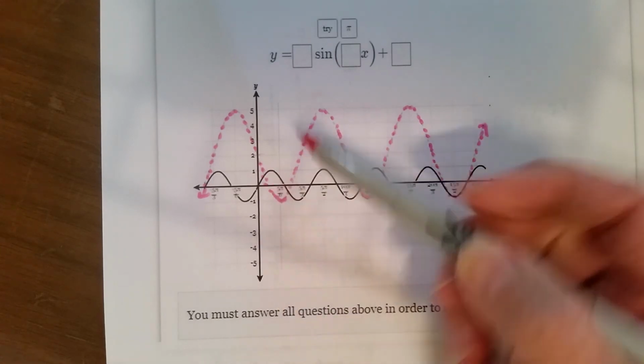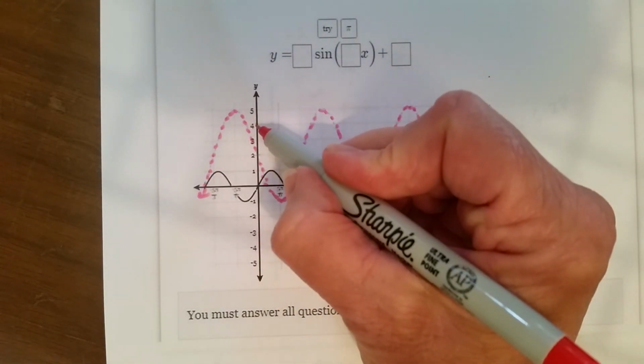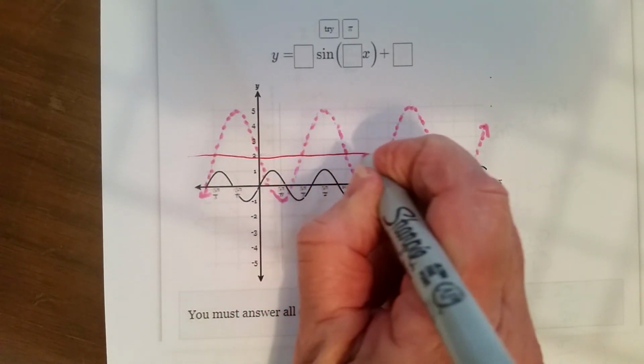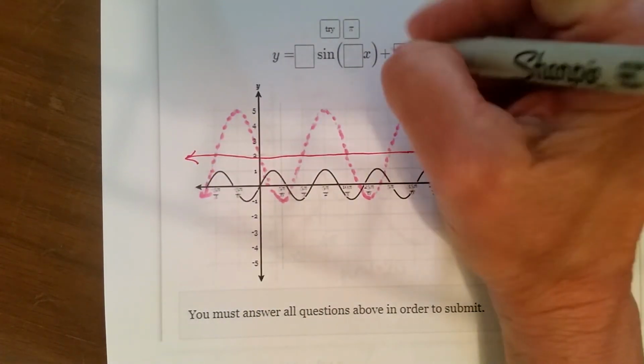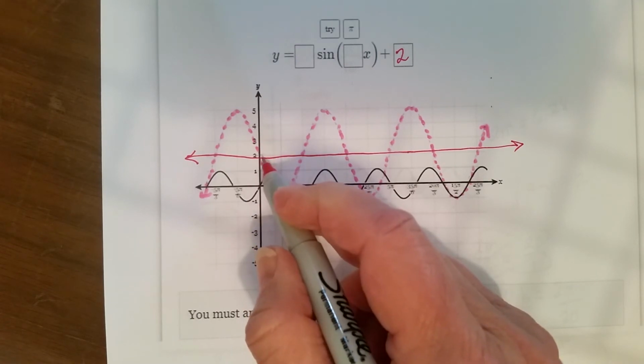Okay, now let's just see. We go from 5 to -1, so that's 6. So if I go 3 down, 1, 2, 3, there's my midline right there at 2. So I have a midline at 2. I have an amplitude of 3.